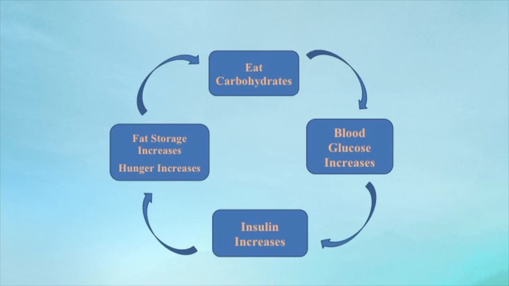This is a cycle that happens, and this is why it's not the patient's fault that they become obese. They've been told that a healthy diet is 45 to 65% carbohydrate. They're caught in this cycle. Not everybody is intolerant to carbohydrates. We know lots of vegetarians that have a very high carbohydrate content in their diet and do not become obese.